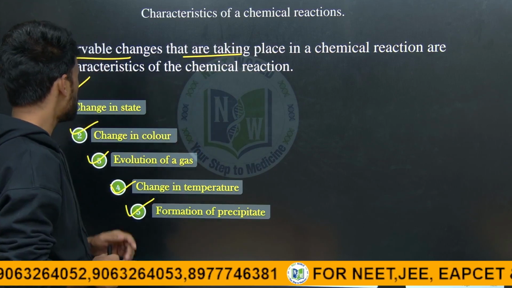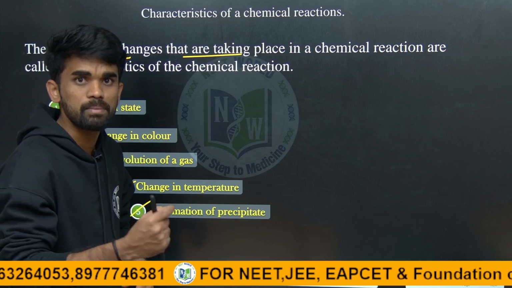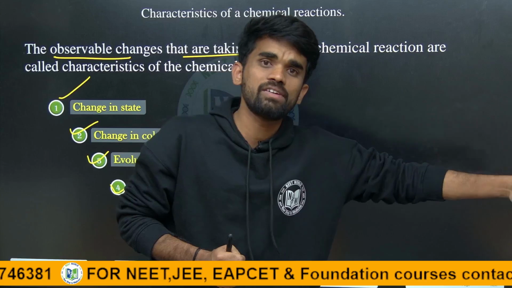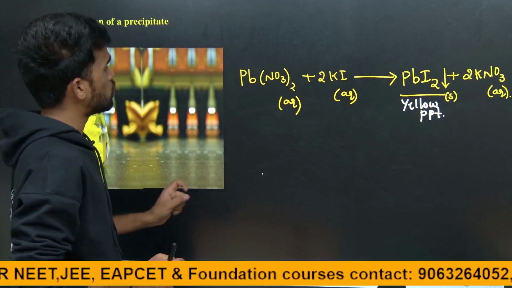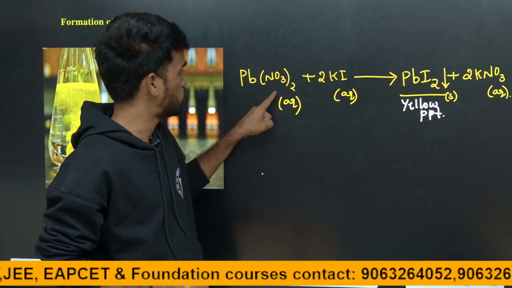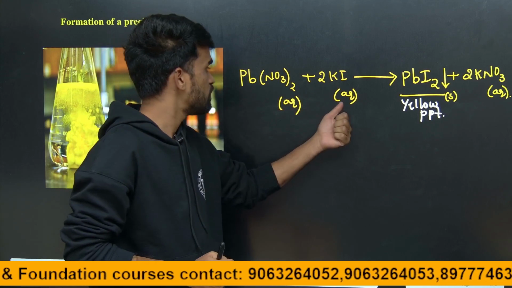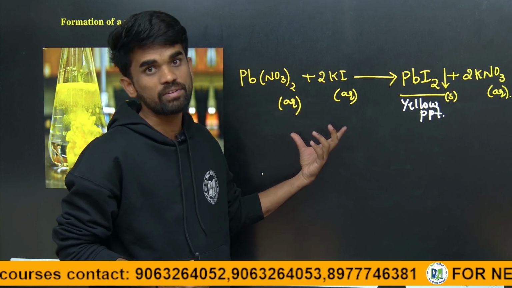Okay, so now here, change in color. So what do we mean by change in color? During some chemical reactions, reactants will have some particular color and the product will have some other color. For example, here, lead nitrate, Pb(NO3)2, and potassium iodide are colorless and in aqueous state. Aqueous means they will be in liquid state.